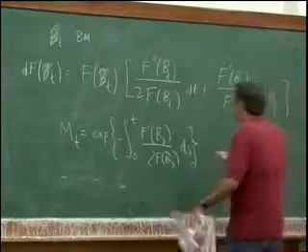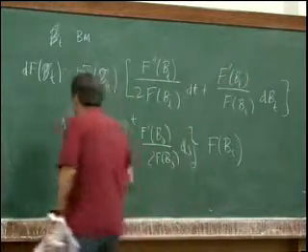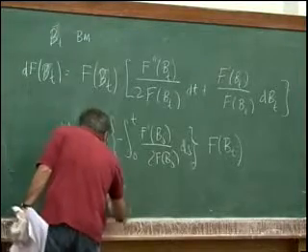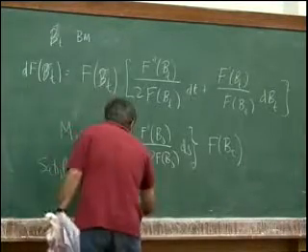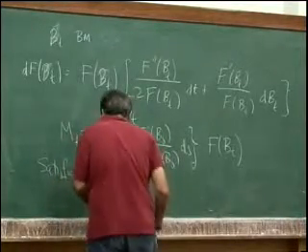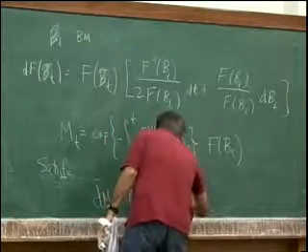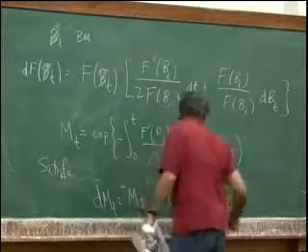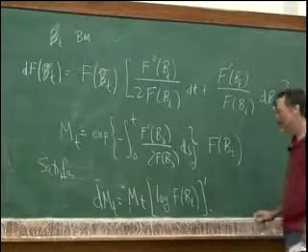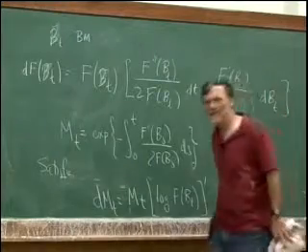F of B_t satisfies dM_t equals M_t times log f of B_t prime dB_t, which is just another way of writing this, but I'm running out of room.